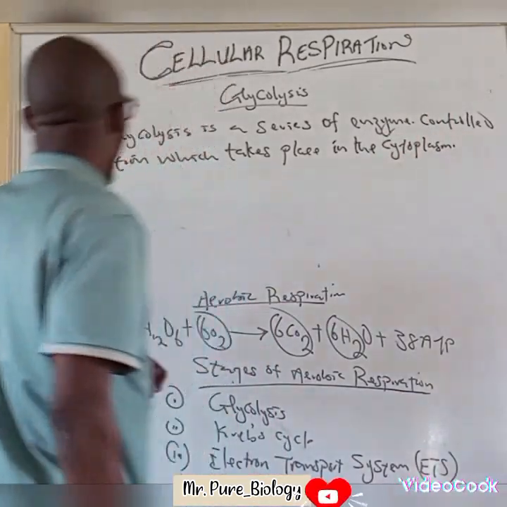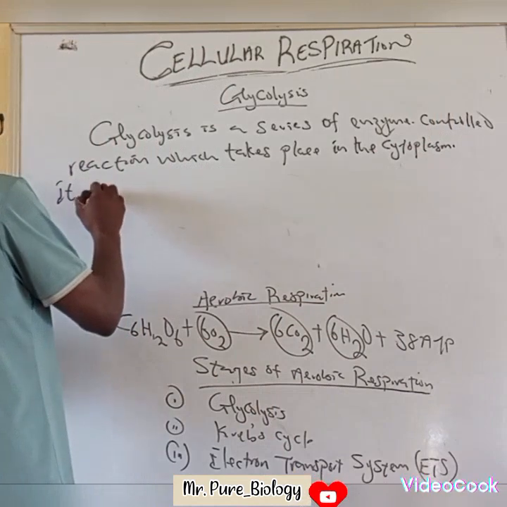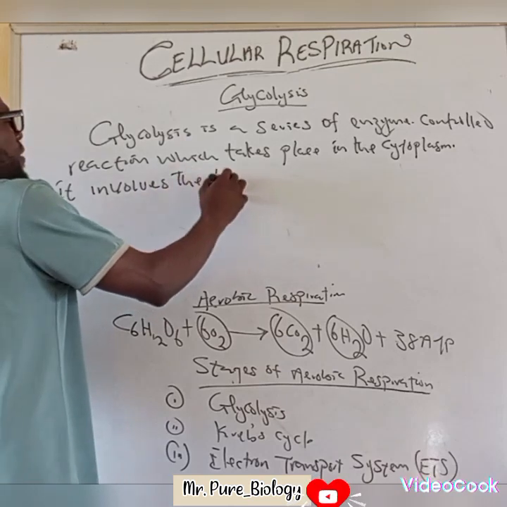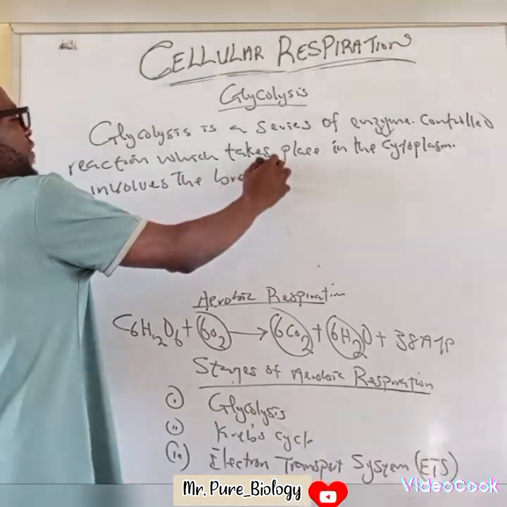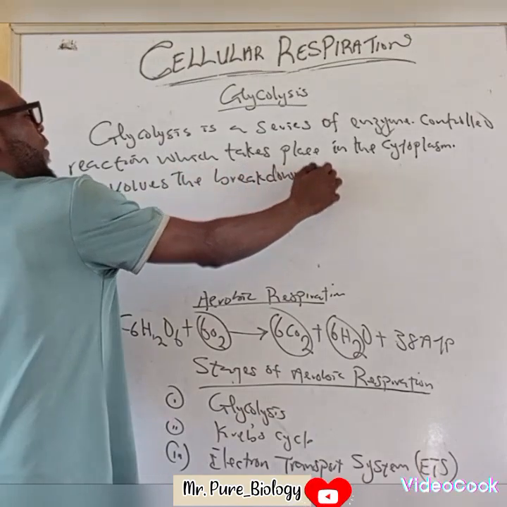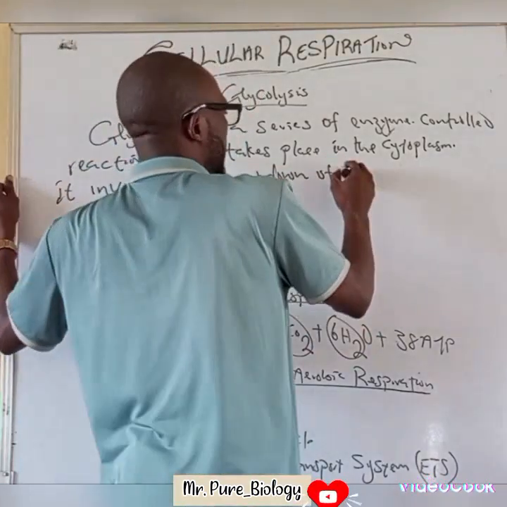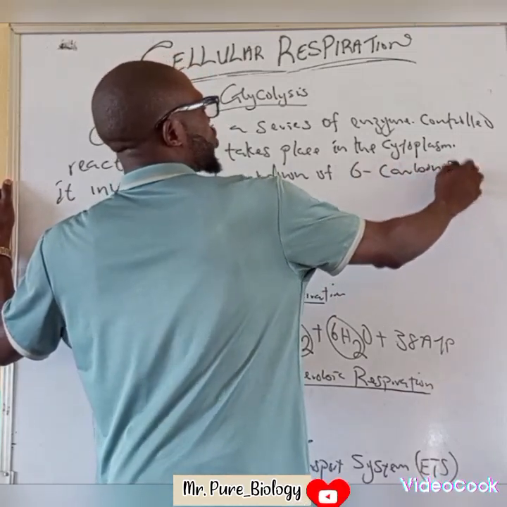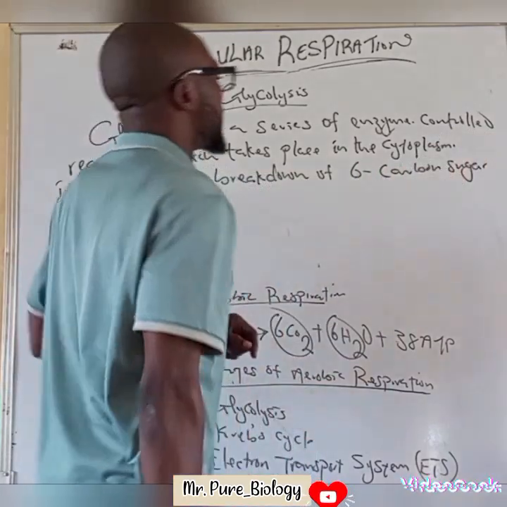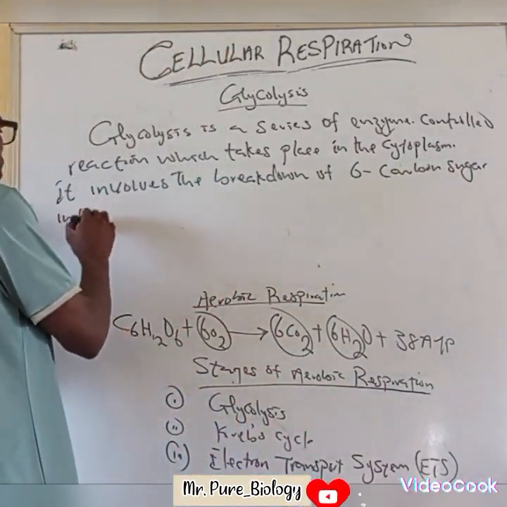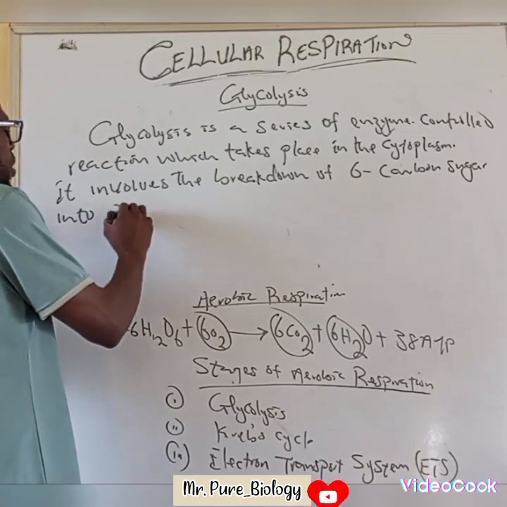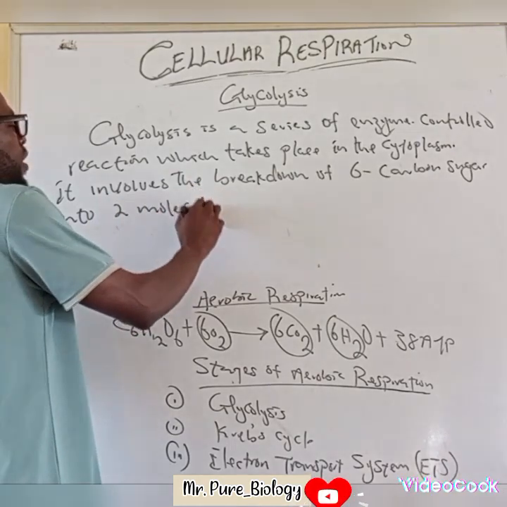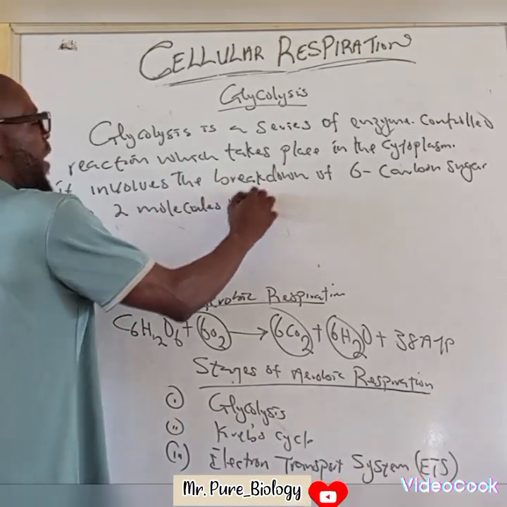One, it involves the breakdown of a 6 carbon sugar. Glucose is a 6 carbon sugar into two molecules of pyruvate.